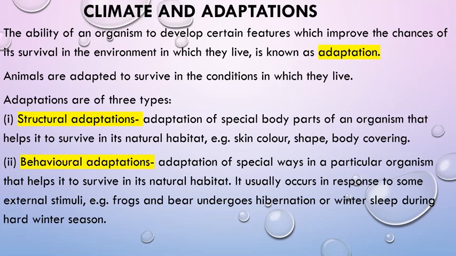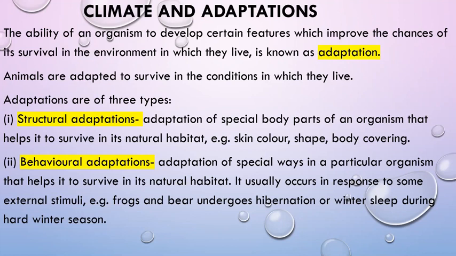The answer is adaptation. What is adaptation? The ability of an organism to develop certain features which improve the chances of its survival in the environment in which they live. This is known as adaptation.